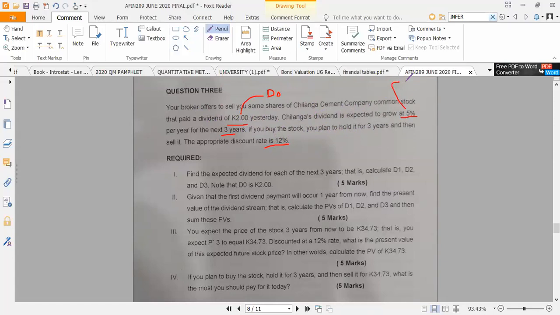The 5 is our growth rate, phase 1, right? 5% for the next 3 years. It's expected to grow for the next 3 years. You hold it for 3 years, and the appropriate discount rate is 12%. So KD is 12%.